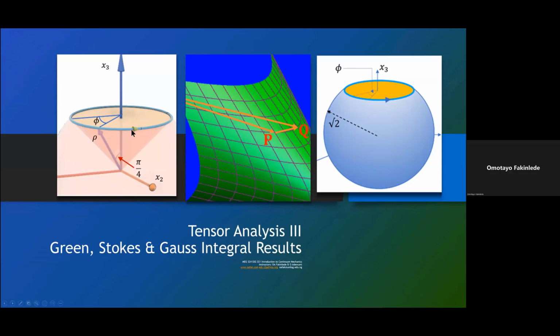Okay. So in this picture, let us say this is the curve. We can choose the surface as this disk, this plane here. That is one surface that has this as its rim. Another surface that has it as its rim is this conical face here. Or you can still use the same rim and have this spherical surface.